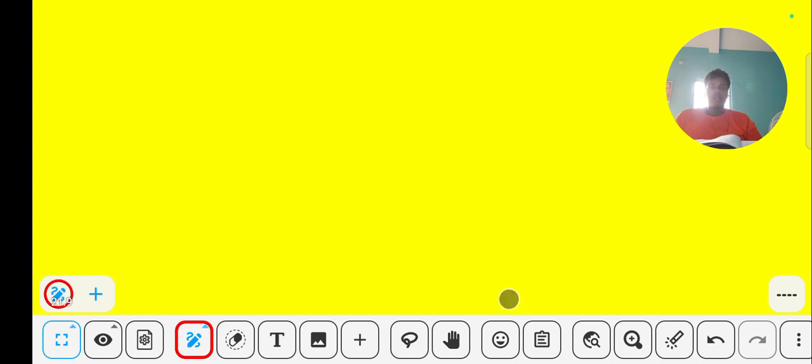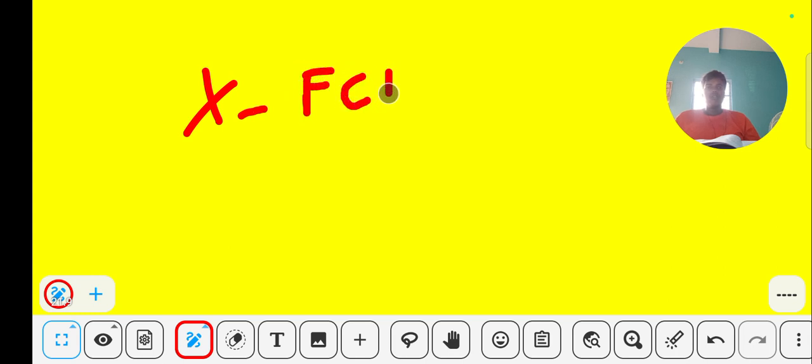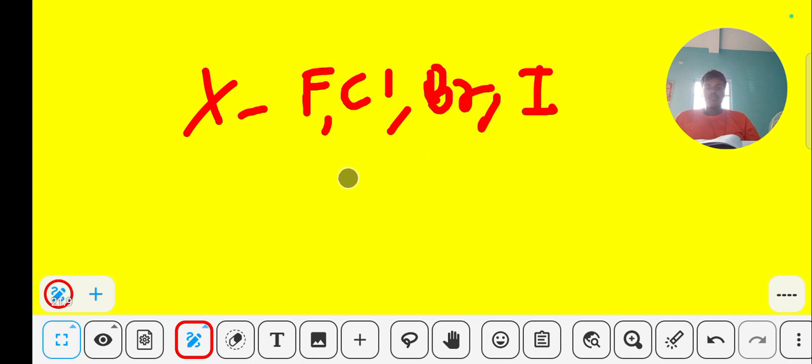Examples of halogens are fluorine, a group 17 element, chlorine, bromine, iodine, etc.